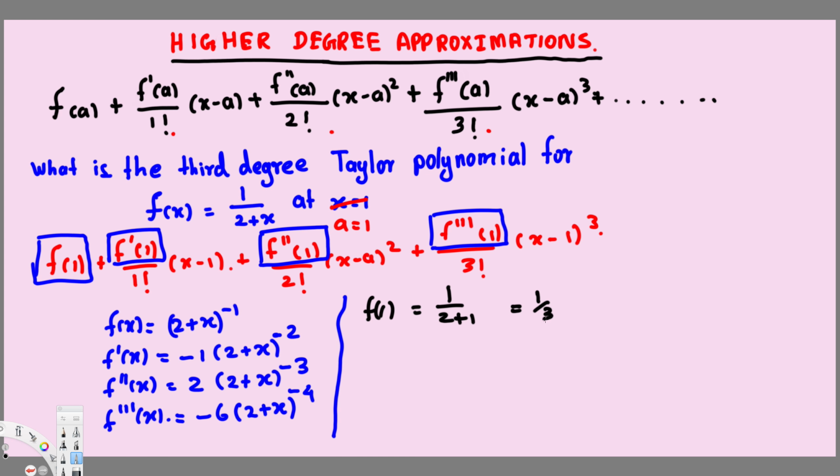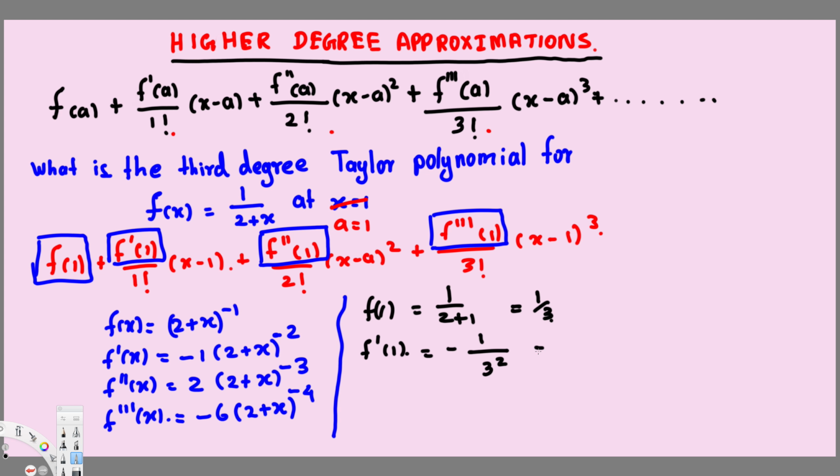First is going to be 1 over 3, and the second one is f prime 1, and this is the same as minus 1 over 2 plus x squared. So we can write minus 1 over 2 plus 1, that's going to be 3. So you can directly write 3 squared, right?